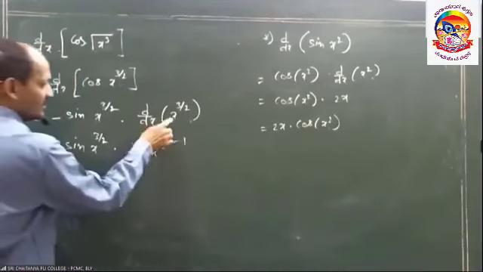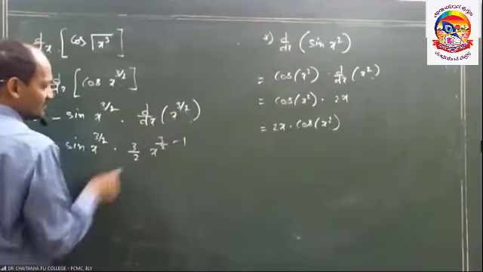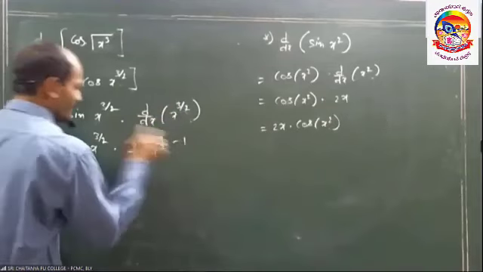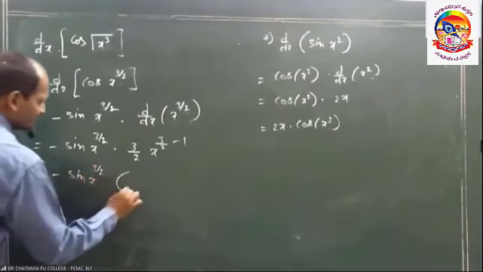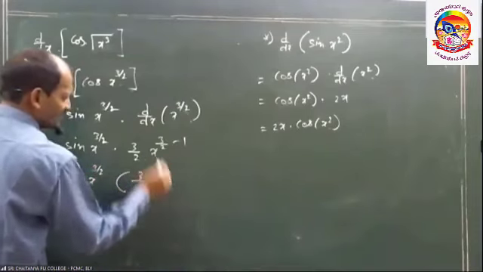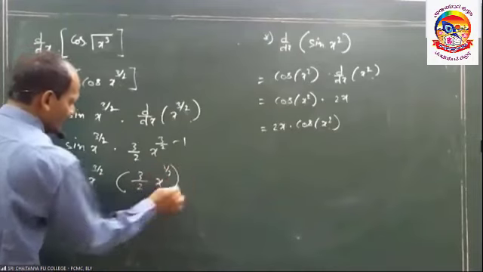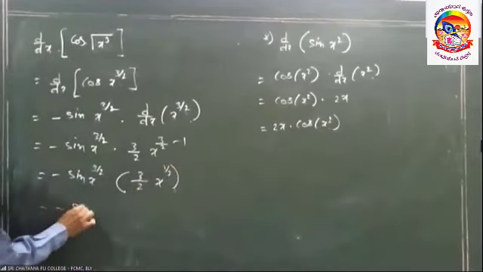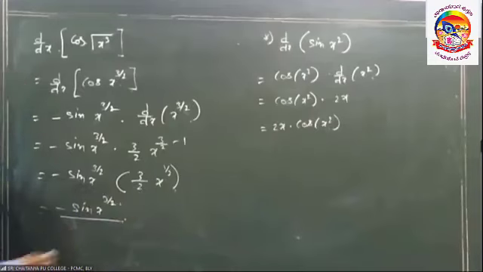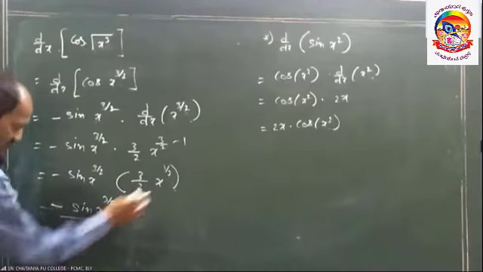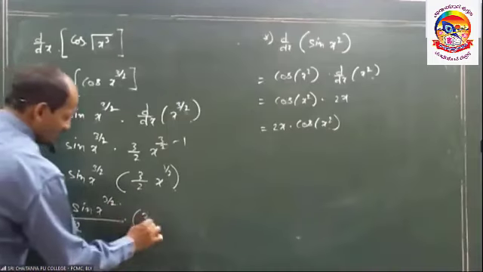So minus sin of x power 3 by 2 into 3 by 2 x power 1 by 2. So it is minus sin of x power 3 by 2 divided by 2 into 3 root x.